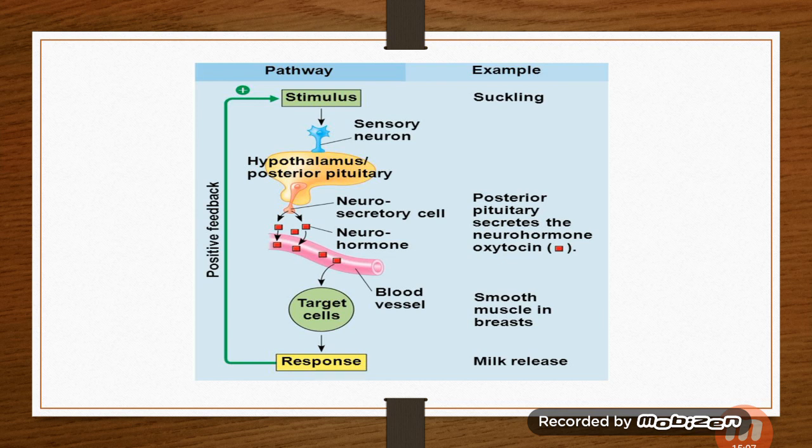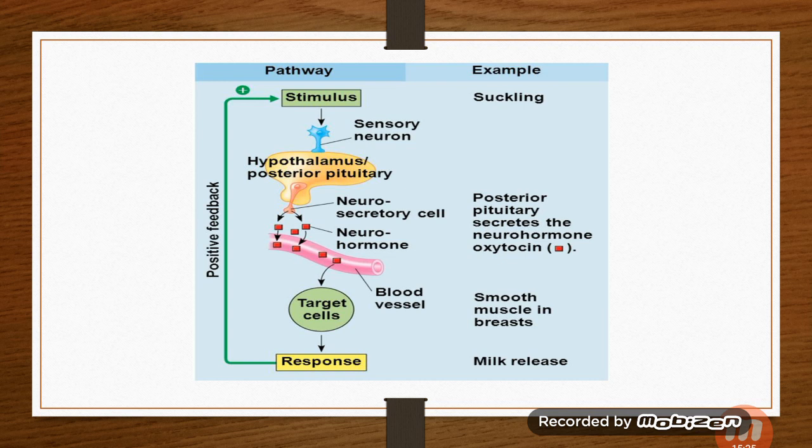A baby suckling at the nipple sends nerve signals to the sensory neurons in the hypothalamus, as a result of which oxytocin is made by the neurosecretory cells. Oxytocin is a hormone which helps the production of milk, and this is stored in the posterior pituitary.